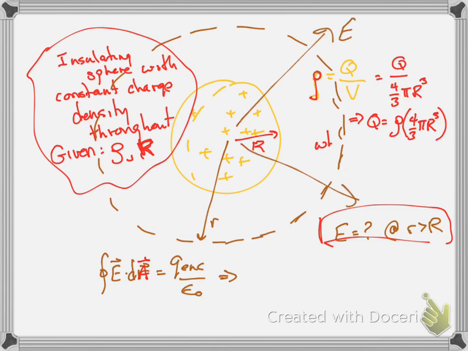Those are the electric field lines, and just like with a point charge, you're going to have E times the integral of dA through the Gaussian surface equals the charge enclosed by that surface over epsilon 0. The dot product goes away because the electric field lines are parallel to the normal to the area, and the E is constant at a radius little r. And so the integral of dA is just the surface area of a sphere.